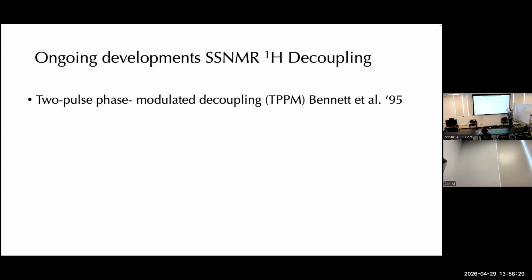So, this is a paper from Griffin's group, from '95. The knowledge that CW isn't the best that's out there, we're pretty confident about that, and it converges so slowly.